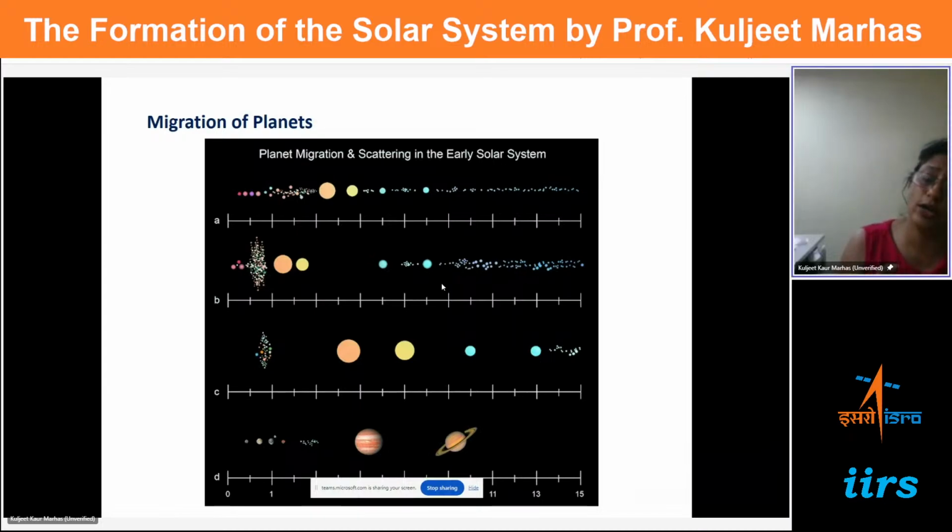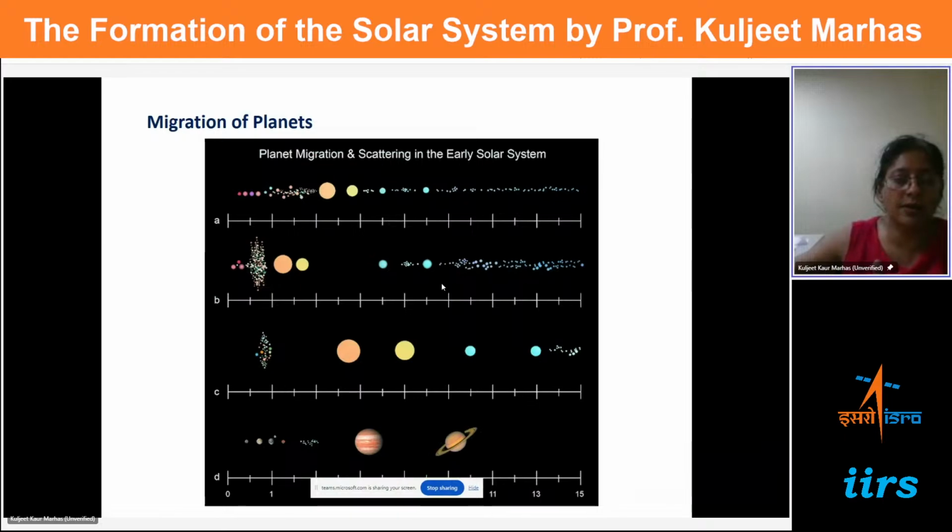The 3:2 resonance is when Jupiter takes 3 revolutions around the sun, Saturn takes 2, and they get locked. In this stage they cannot move further because there is more mass moving inside together. Till then, the outer region has been swept by this migration.